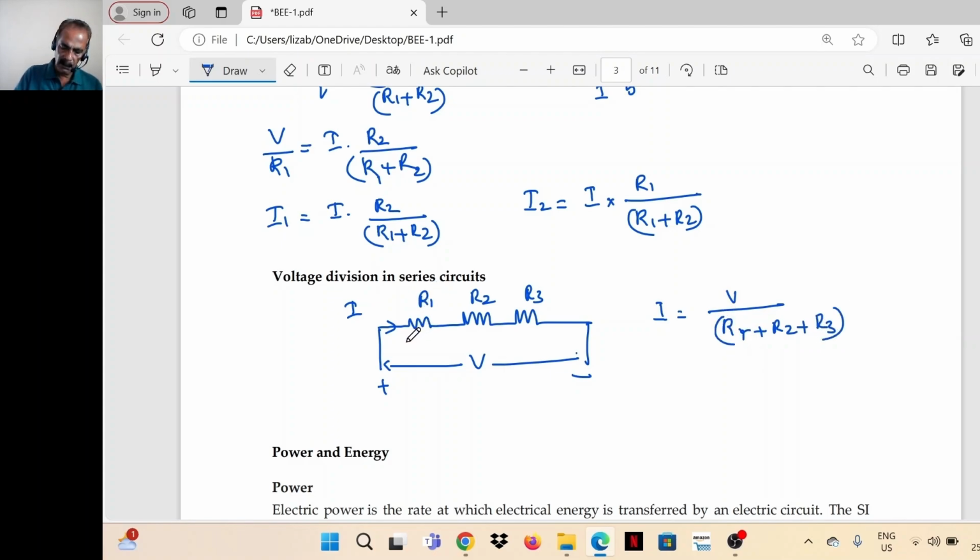So the voltage across R1, that is V1, is equal to I into R1. Likewise, V2 is equal to I into R2, and V3 is equal to I into R3.